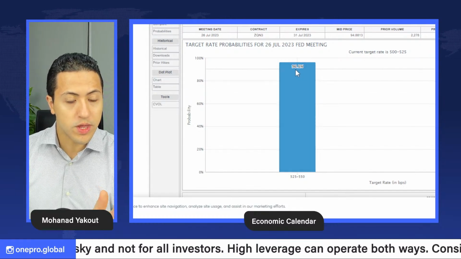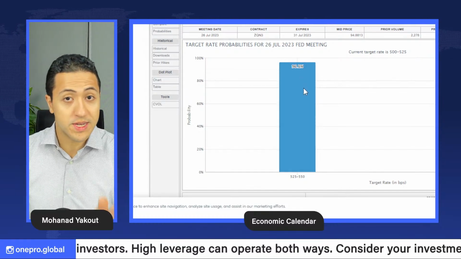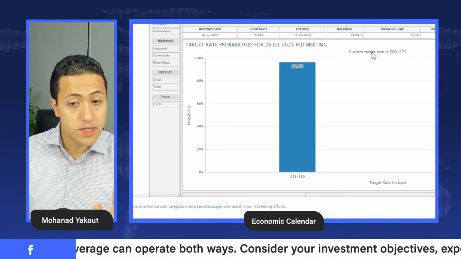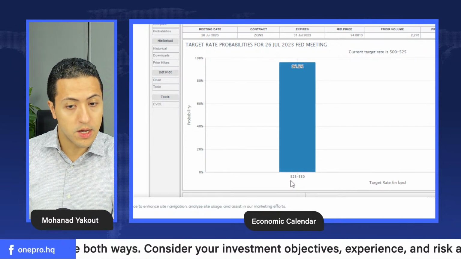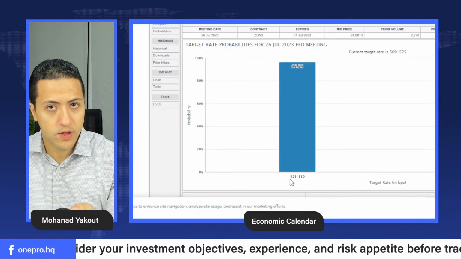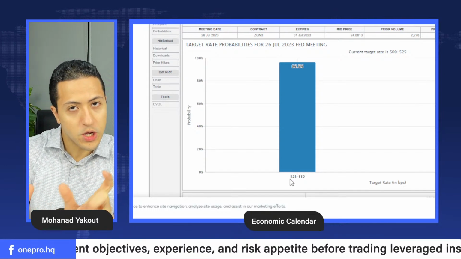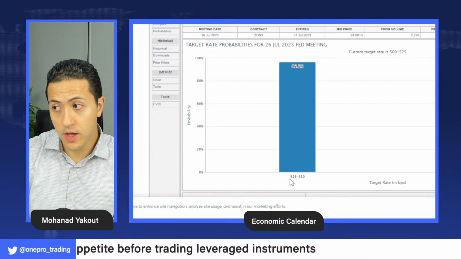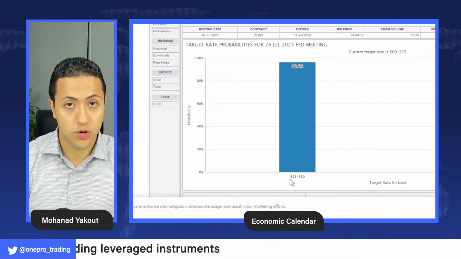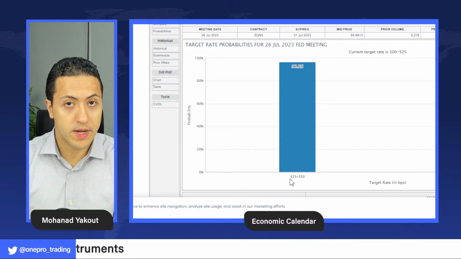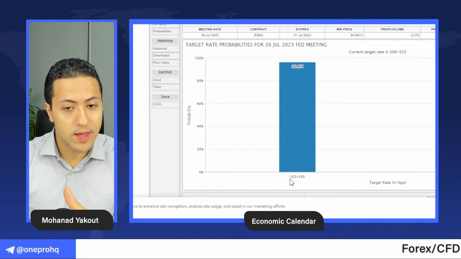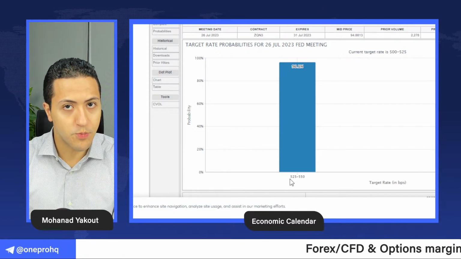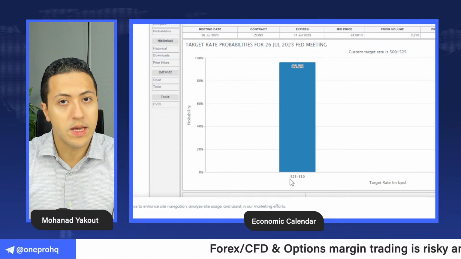And you can see with a 96.5% probability that this rate will be increased to 525 to 550. The difference between each number is 25, which is an increase of 25 basis points, and this is what we're expecting to see today. So with a probability of 96.5%, today is going to be a rate hike.